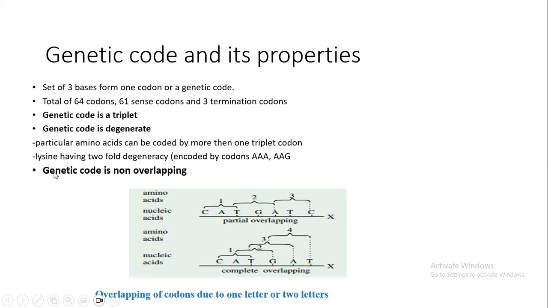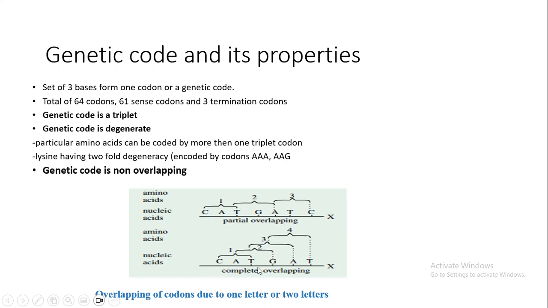Next property suggests that genetic code is non-overlapping. Here is an example of a partially overlapping codon wherein CAT is forming the first codon and TGA is forming the second codon. Here the thymine base is shared between the first and the second codon, so one base is being shared by 2 codons.